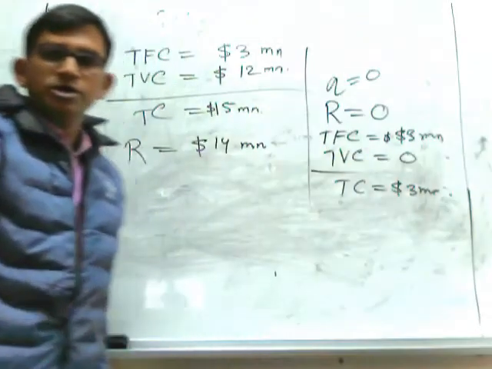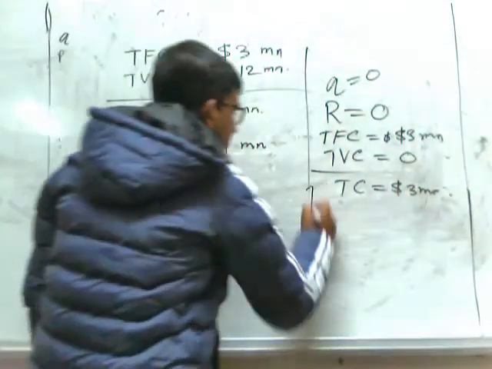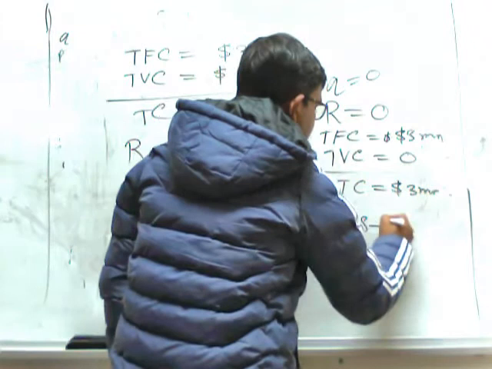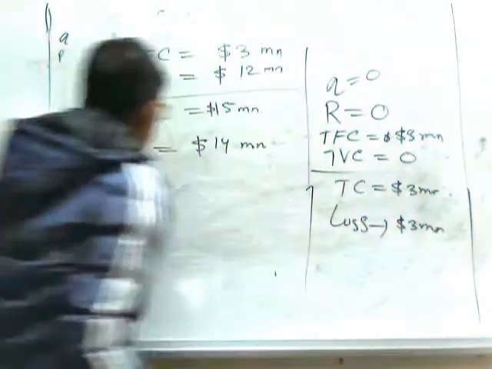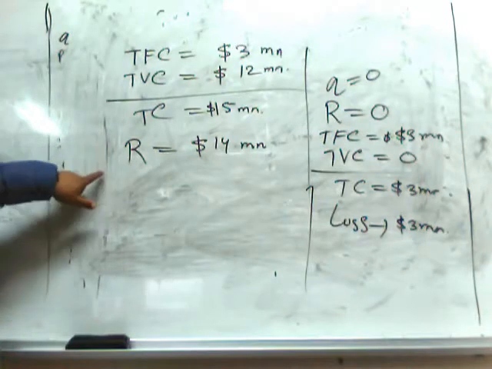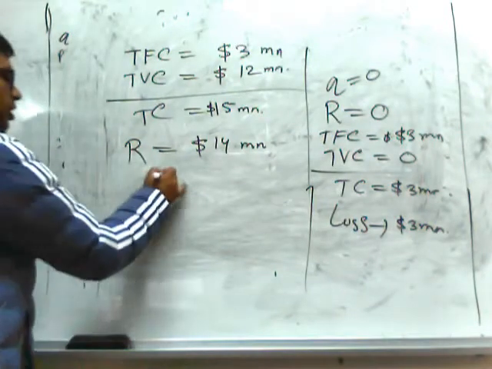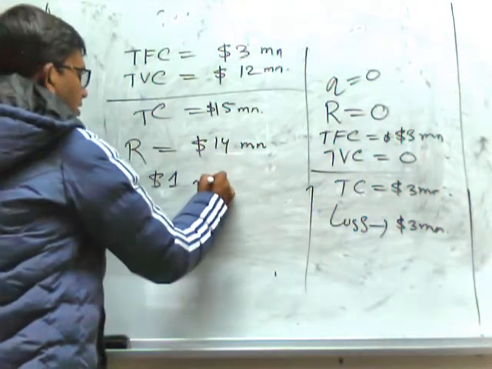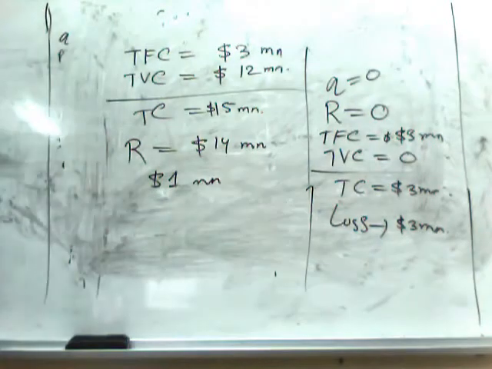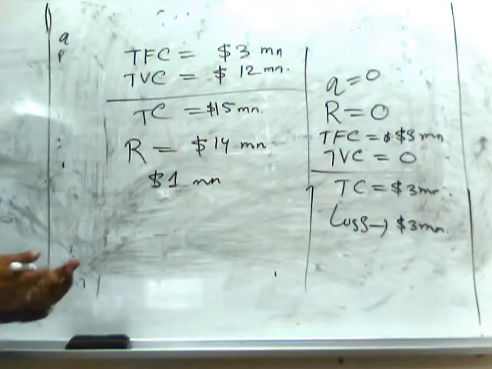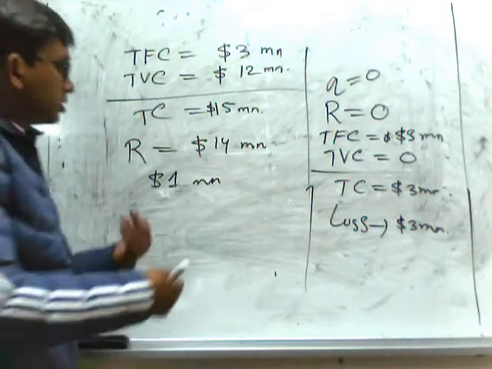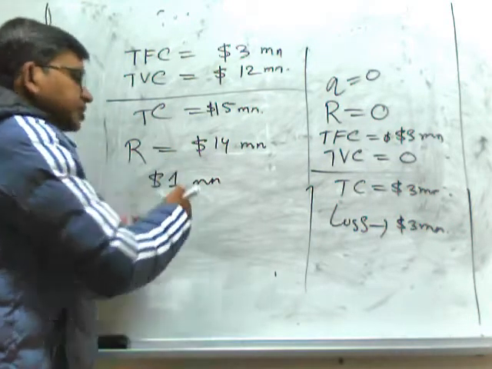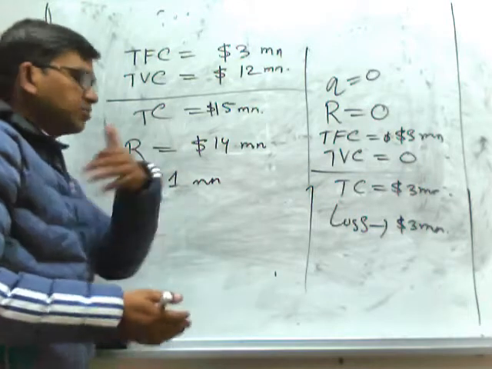So if the firm leaves, the loss is $3 million. But if the firm continues production, its loss will be only $1 million. So what will be logical for the entrepreneur? To stay in the market, because if it stays, it can minimize its loss.